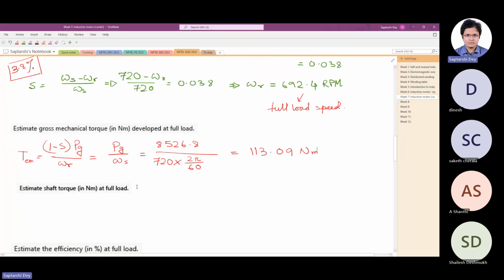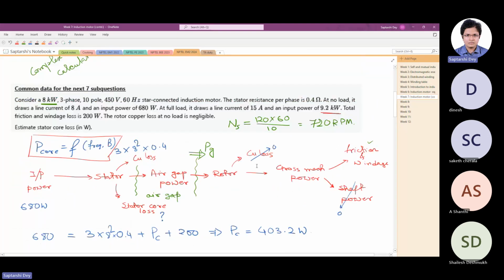Now shaft torque. From here you have to subtract the friction loss, that will give the shaft torque. So what is the net available power? (1 minus S) PG is the gross mechanical power, minus 200 watt, the friction loss they have mentioned. Or else we can do it the other way.